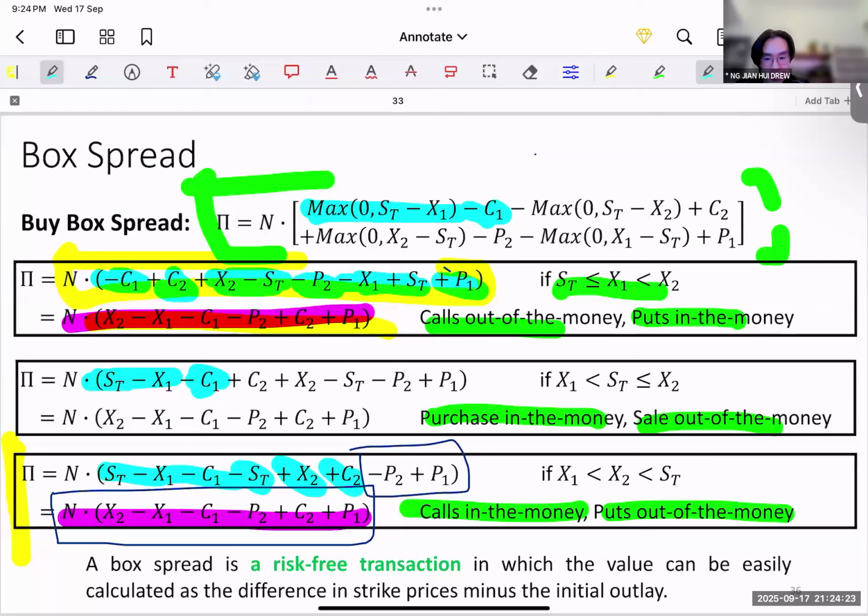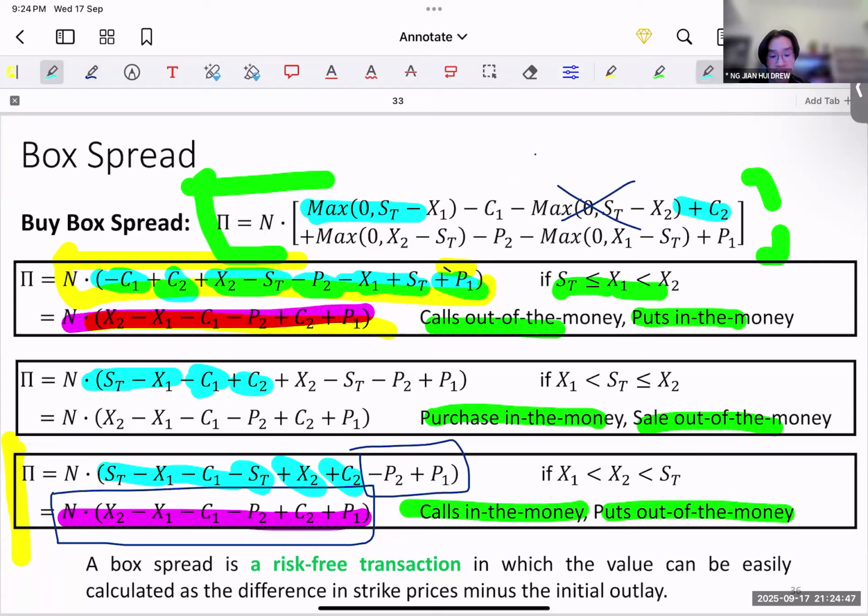Now, this part here is going to be out of the money, because your sale is out of the money. Let me erase this. So our sale is going out of the money here, and what's left is just the C2 here.